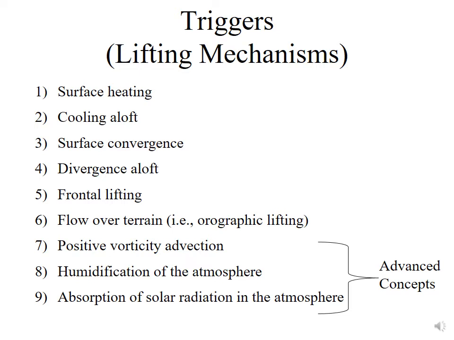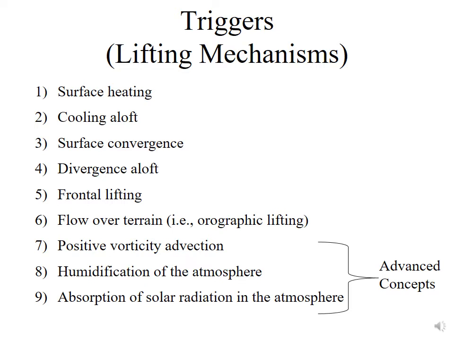Some other ones are more advanced concepts that we're really not going to talk about in this particular class. One of those is positive vorticity advection. Vorticity is the rotation in the atmosphere, and there's a certain type of vorticity that when it moves can lead to upward motion. Humidification of the atmosphere.